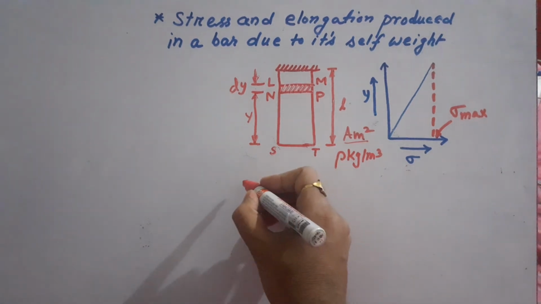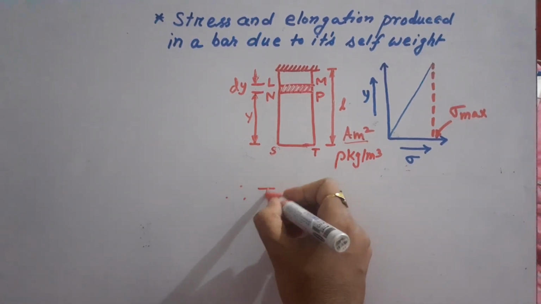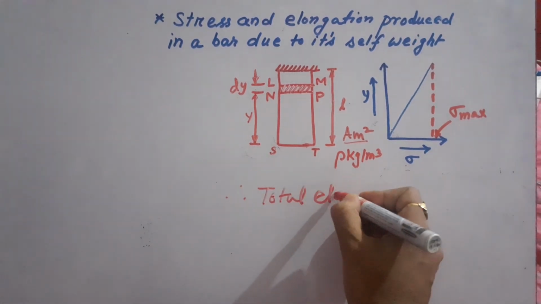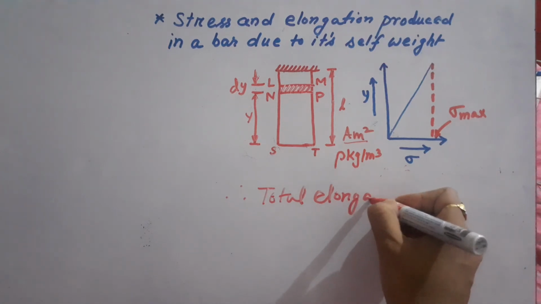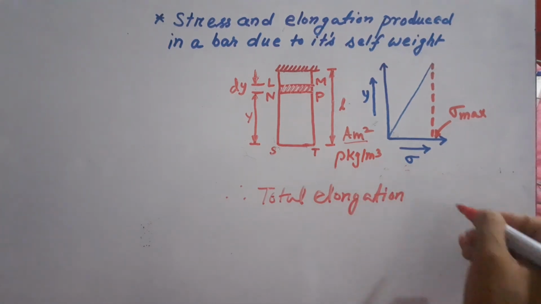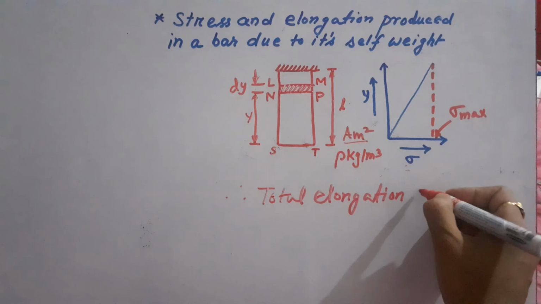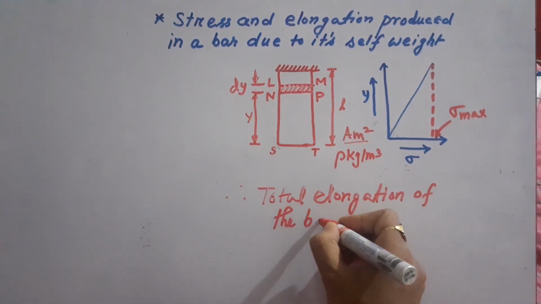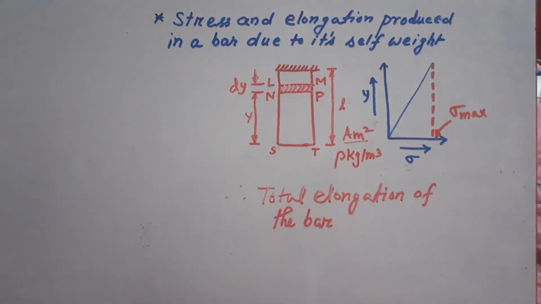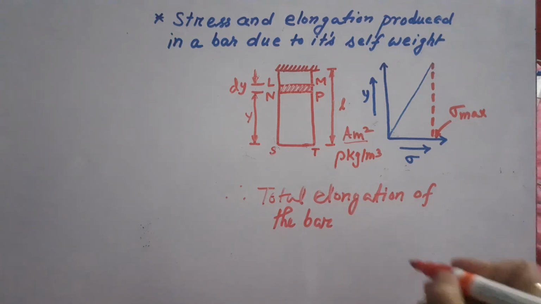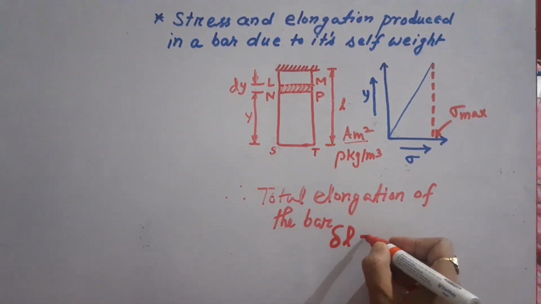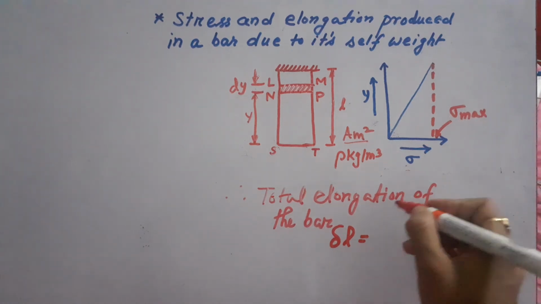So the total elongation of the bar, delta L, we have to integrate this.